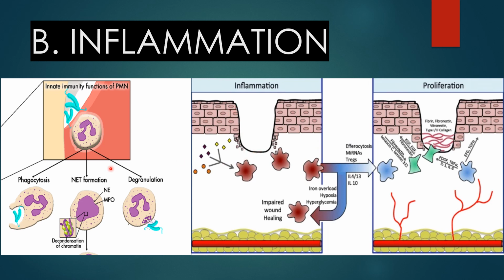Once neutrophils enter the wound site, they will identify the antigen, ingest the antigen produced by the foreign material, and phagocytose it. Once they phagocytose the antigen, they will destroy it and degranulation will occur. So decontamination is done by neutrophils.